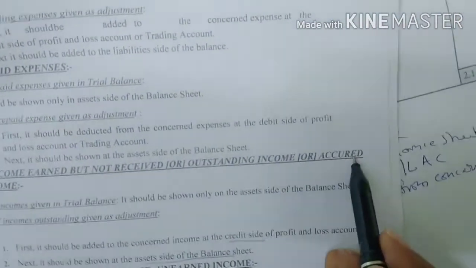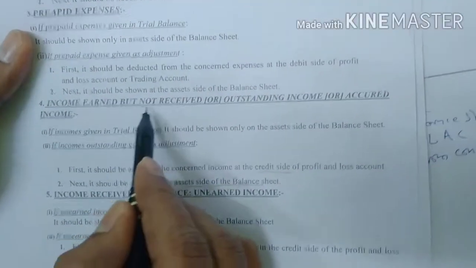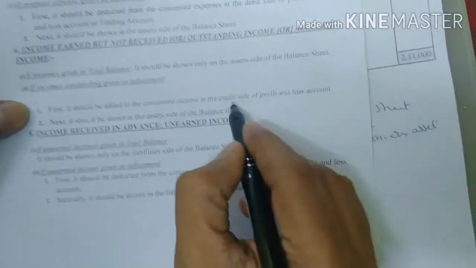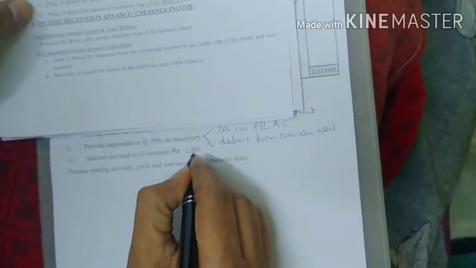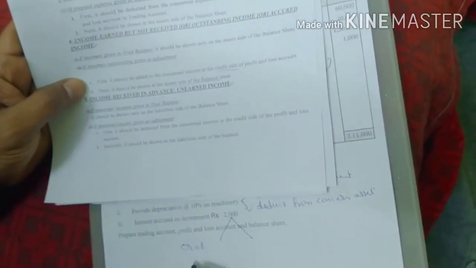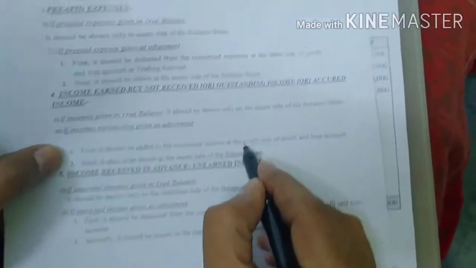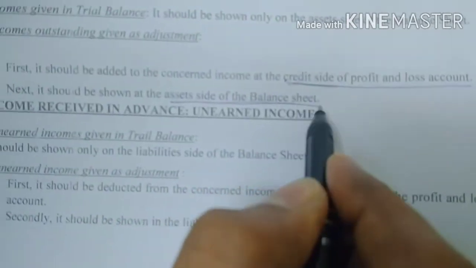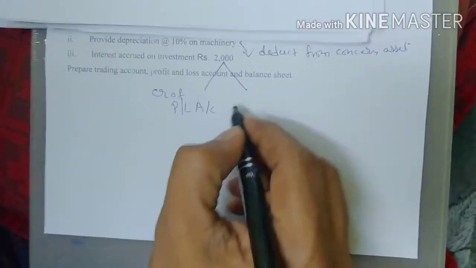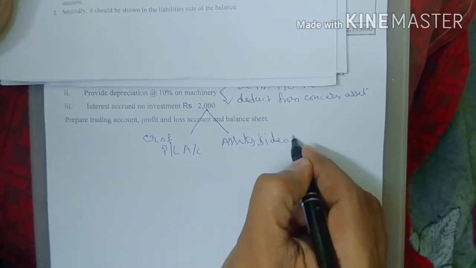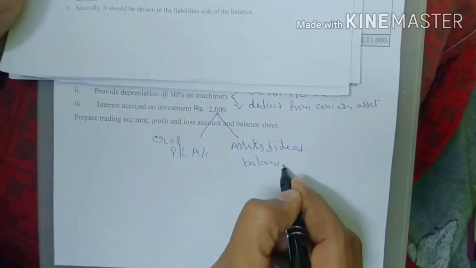Whenever accrued incomes are there, that means incomes earned but not received, outstanding incomes or accrued incomes, we should follow this: first, the credit side of the profit and loss account, and another time, the assets side of the balance sheet.